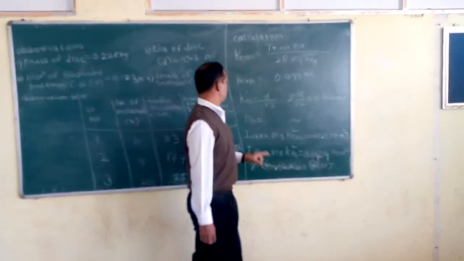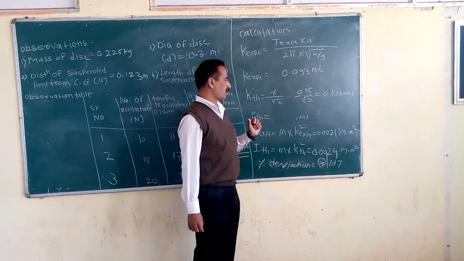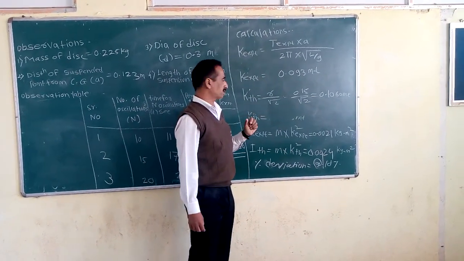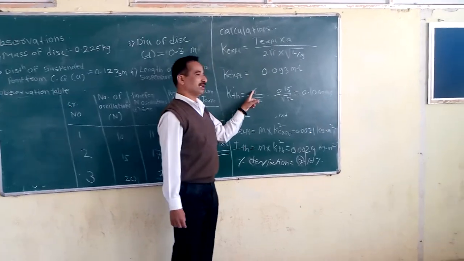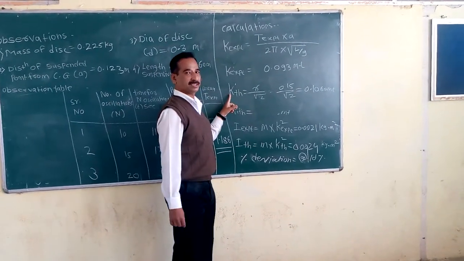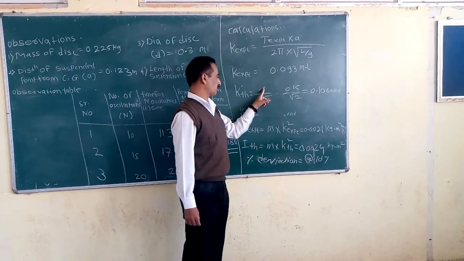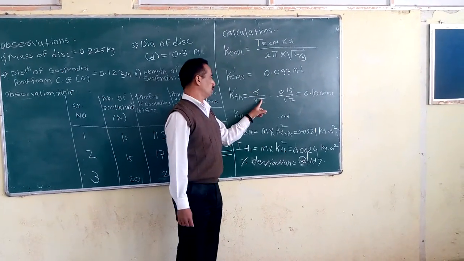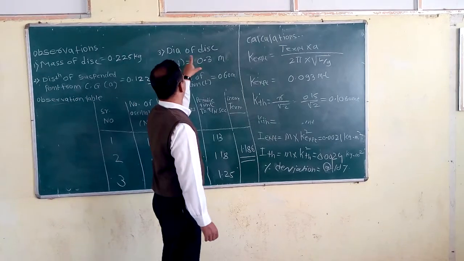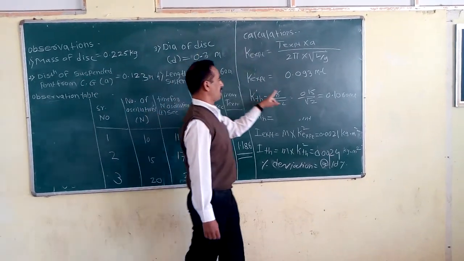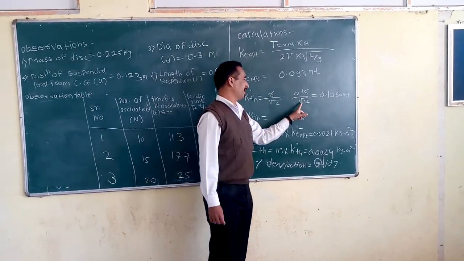Now, as this disk is a standard component or regular shaped object, the mathematical formula for the radius of gyration is available. K theoretical is R, the radius of the disk, divided by root 2. Here in the manual the disk diameter is given, from that R is 0.15 meter, divided by root 2.